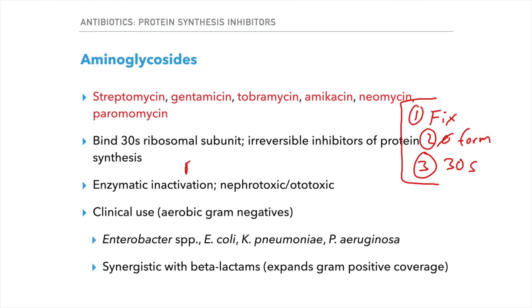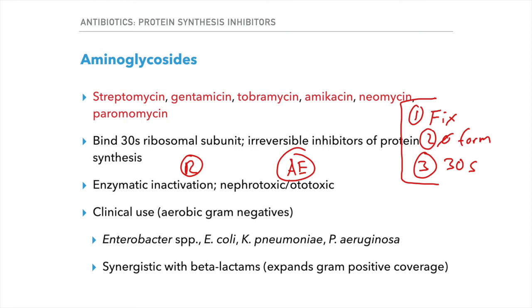Resistance can develop due to enzymatic inactivation, and the main adverse effects to be aware of include nephrotoxicity and ototoxicity. These specific adverse effects are very unique in the bacterial world, so it's something you might see with aminoglycosides.